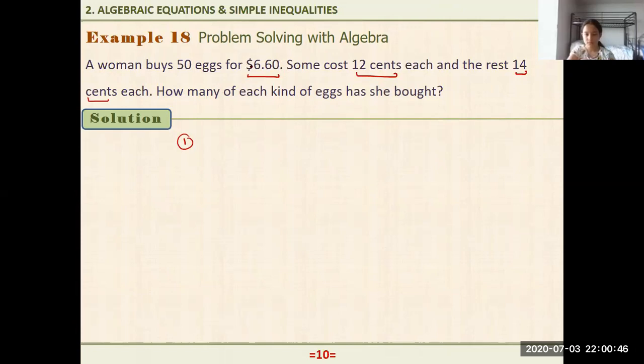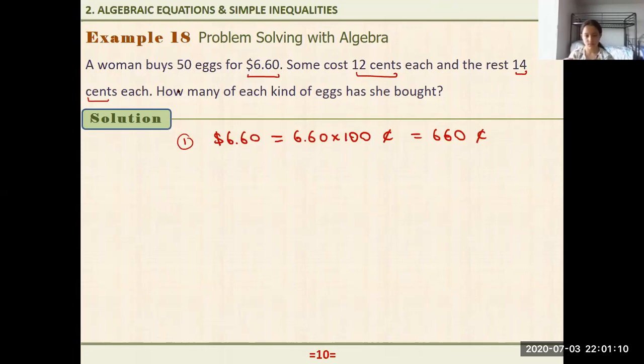Let's convert dollars into cents. So $6.60 equals 6.60 times 100 cents, which is equal to 660, right? So $6.60 is 660 cents.